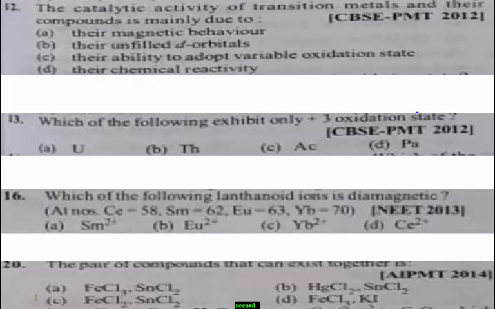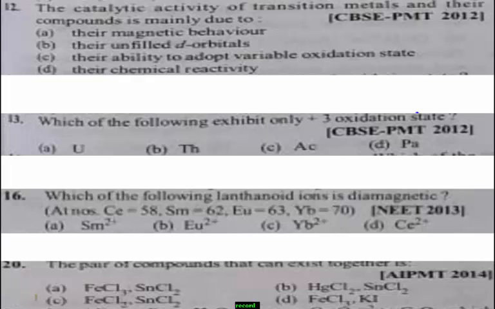lower activation energy. I think you know some reactions: when vanadium pentoxide reacts with sulfur dioxide, we get the products vanadium tetroxide, V2O4, and sulfur trioxide. Is it right? Then that V2O4 again reacts with oxygen, and we get V2O5. Right?